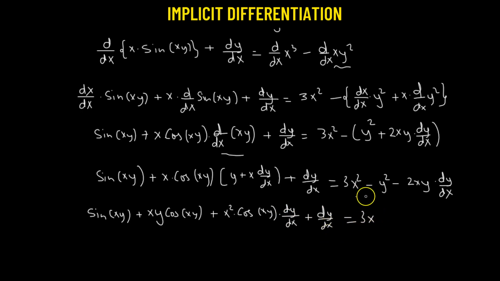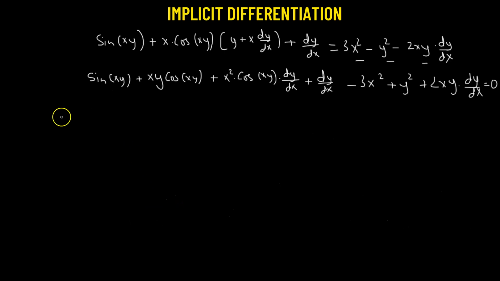So let's transpose all the terms from the right hand side to the left hand side. So here we are going to get negative 3x squared plus y squared plus 2xy times derivative of y with respect to x equals 0. So we'll now have sine of xy. We'll combine all the terms that do not have dy over dx multiplied to it. So we have our first term, our second term, which is xy times cosine of xy.